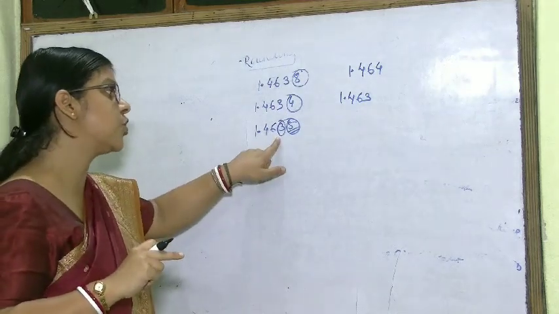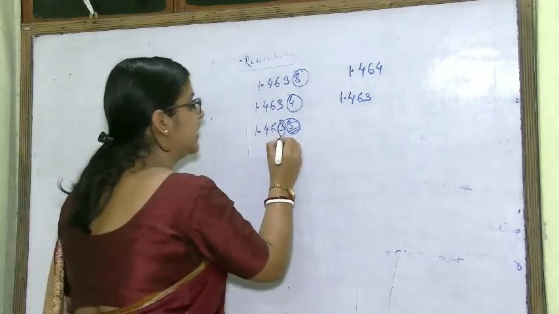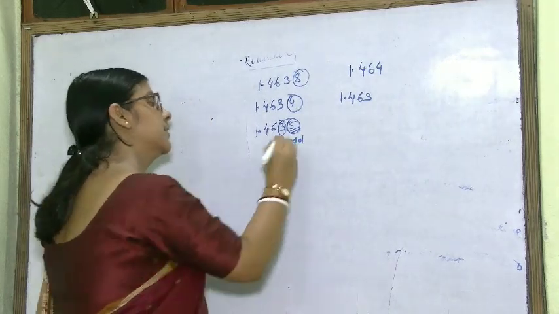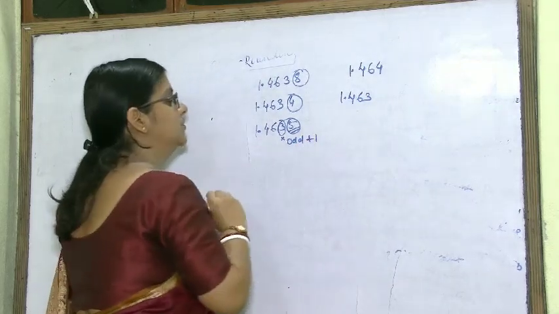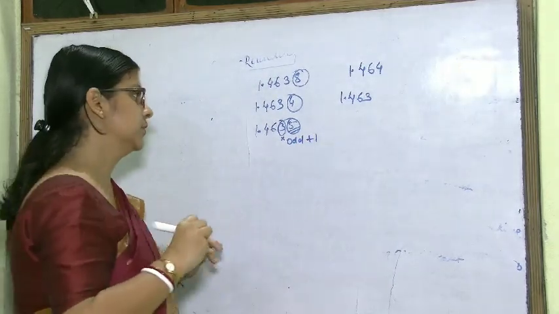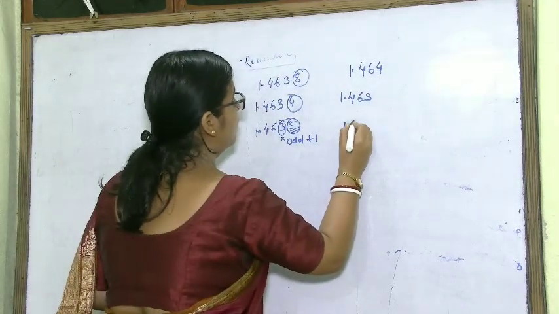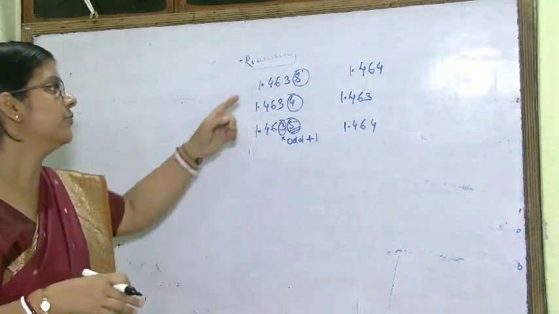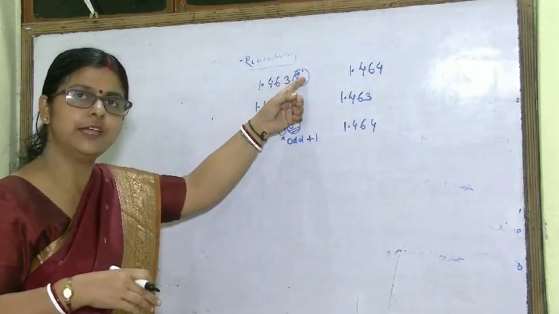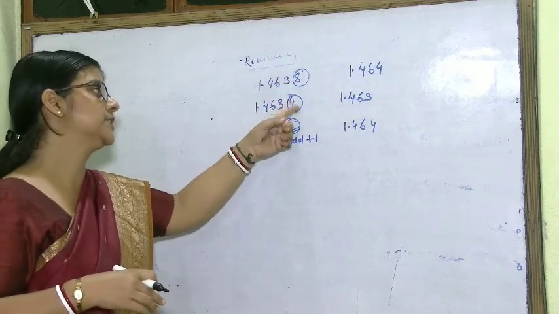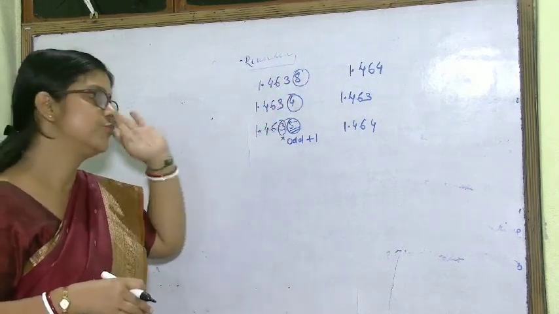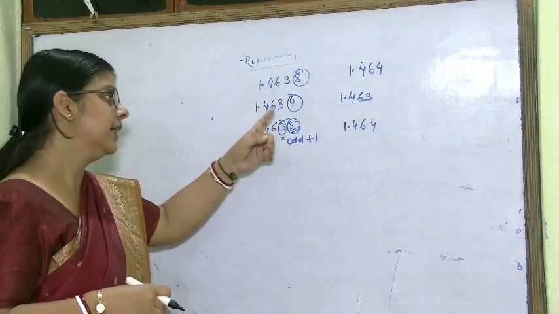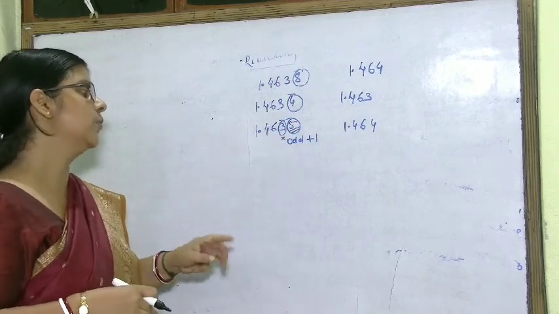If this number is odd, then you add 1 to round off. Then it will be 1.464. See, I am explaining. If the number is more than 5, add 1. If the number is less than 5, you drop that number and need not add anything. And if the number is 5, then what will you do?